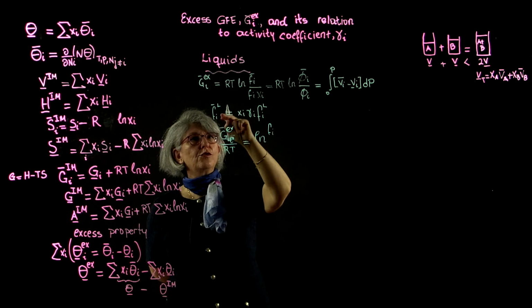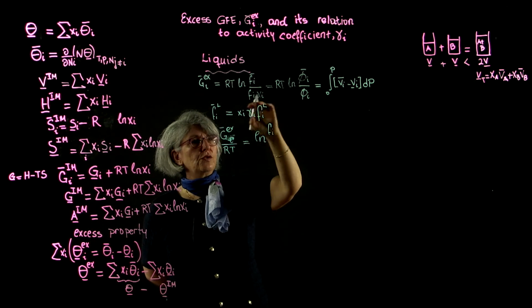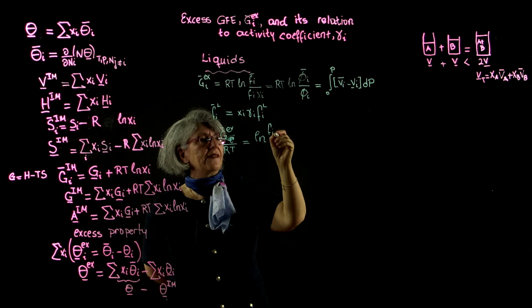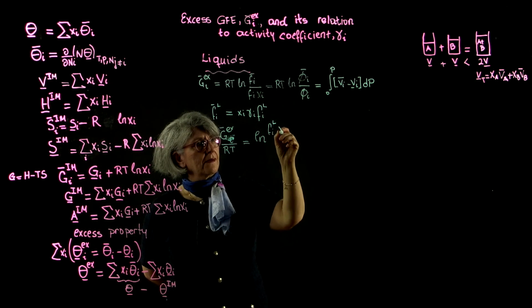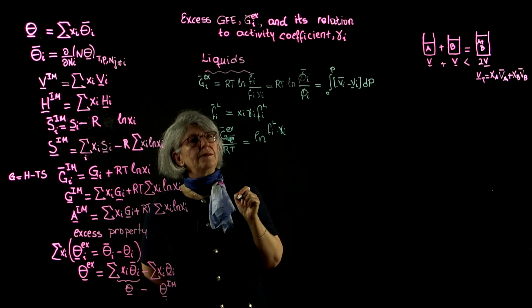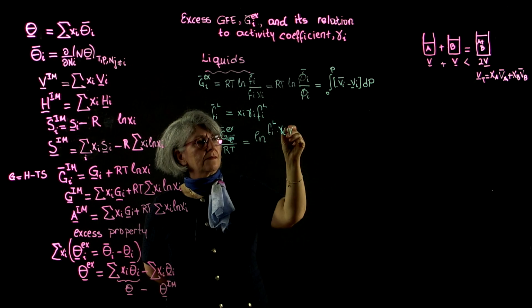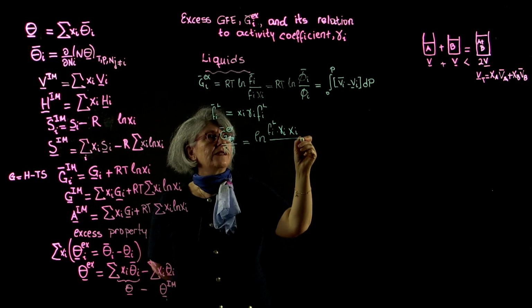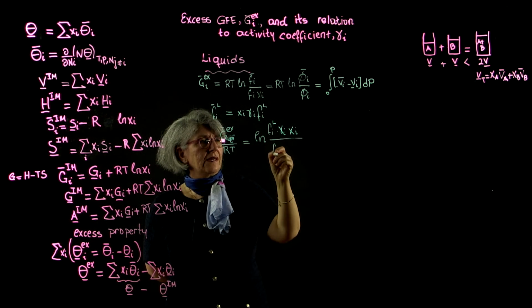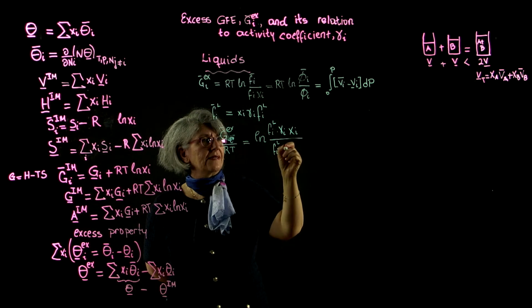This Fi is going to be substituted through this equation, FiL, pure component fugacity, gamma i, mole fraction of i, divided by FiL xi.